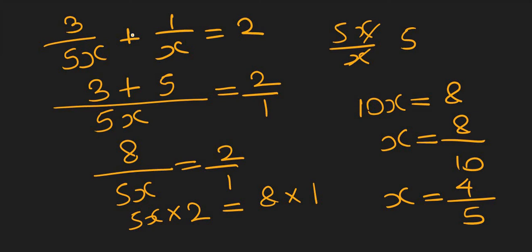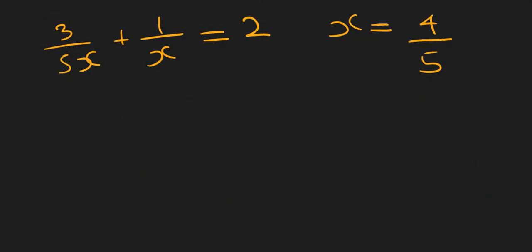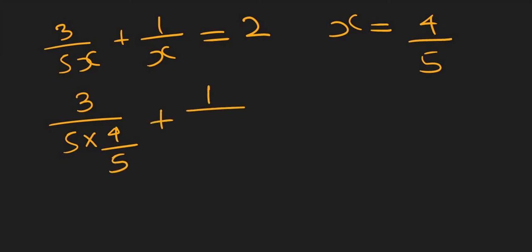Now let's substitute x equals 4 over 5 into our equation and verify our answer. Okay, let's substitute 4 over 5 into our equation. 3 over 5 multiplied by 4 over 5 plus 1 over 4 over 5 should equal 2.